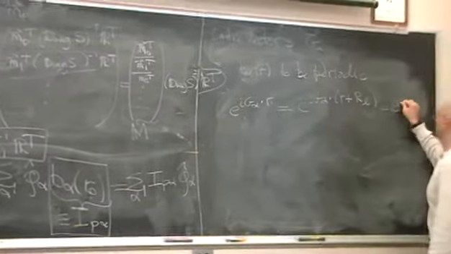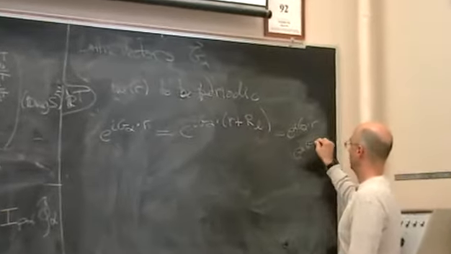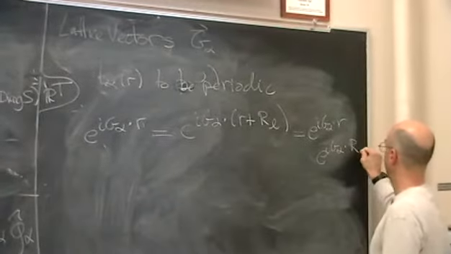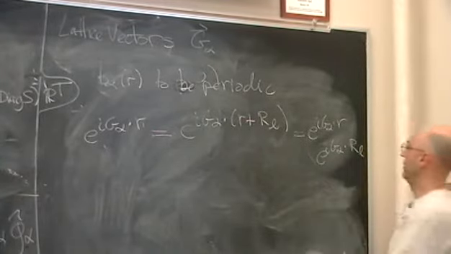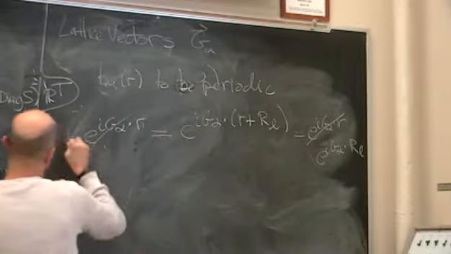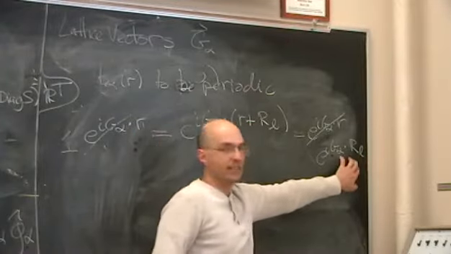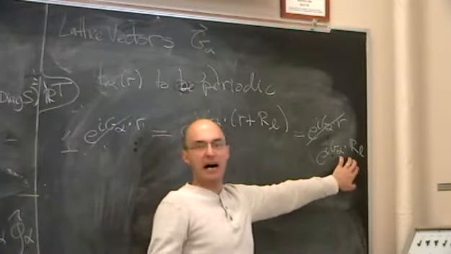The natural thing to do is to factor out e to the i G alpha dot R times e to the i G alpha dot R_L. You notice that these two factors are the same, so they can be eliminated. So this complex exponential, the argument here has to be an integer multiple of 2 pi.